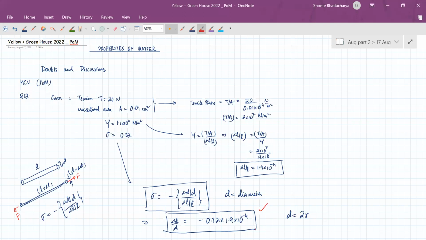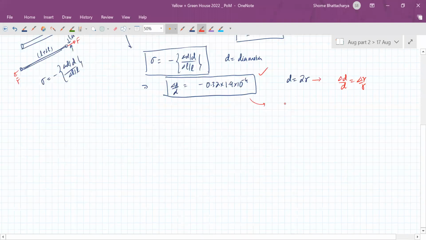So this is the fractional change in diameter. Now diameter is twice the radius. So since diameter is proportional to radius, the fractional change in diameter is equal to the fractional change in radius. Whereas area is equal to pi r square.